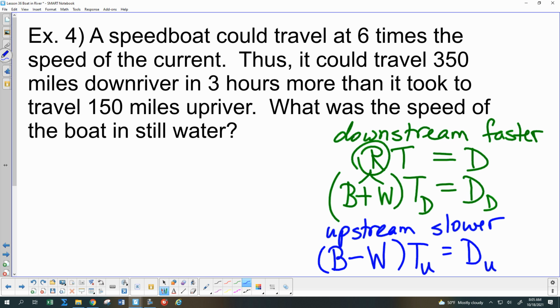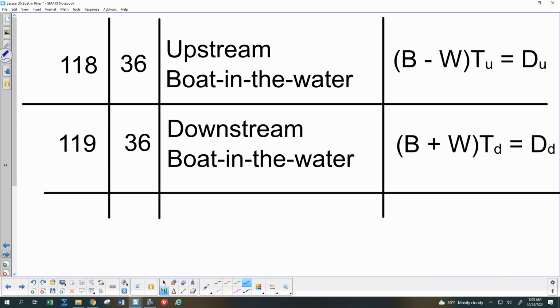The boat has to be faster or you're not actually going to make it upstream. You're going to get swept downstream. So, go ahead and put this in your formula page, and then we'll go back and actually solve this problem using these formulas.